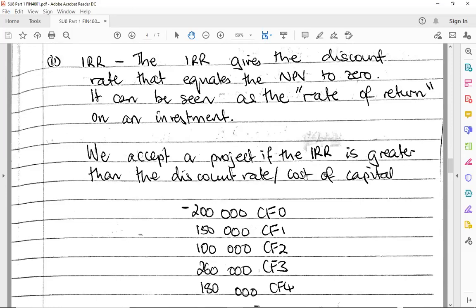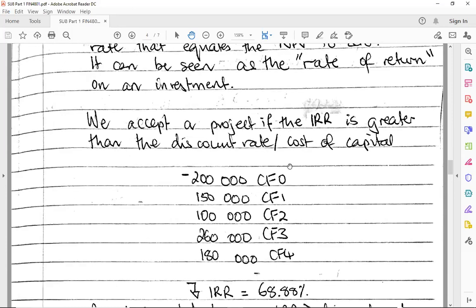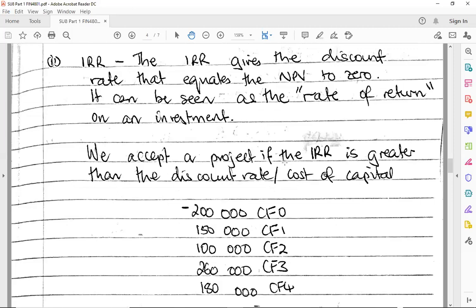And we accept a project if the internal rate of return is greater than that discount rate. So the idea behind the internal rate of return is that it can be considered to be a hurdle discount rate. And I can illustrate this to you through a simple example.